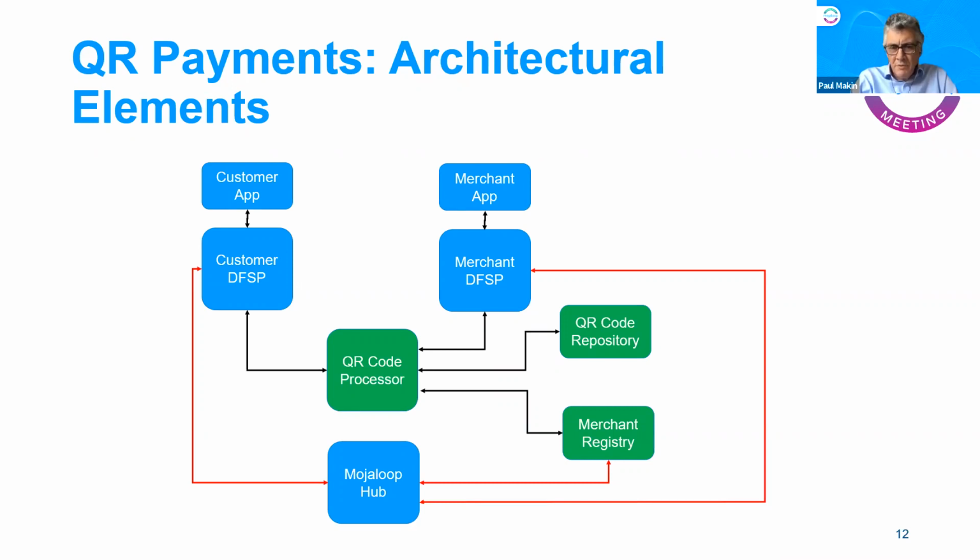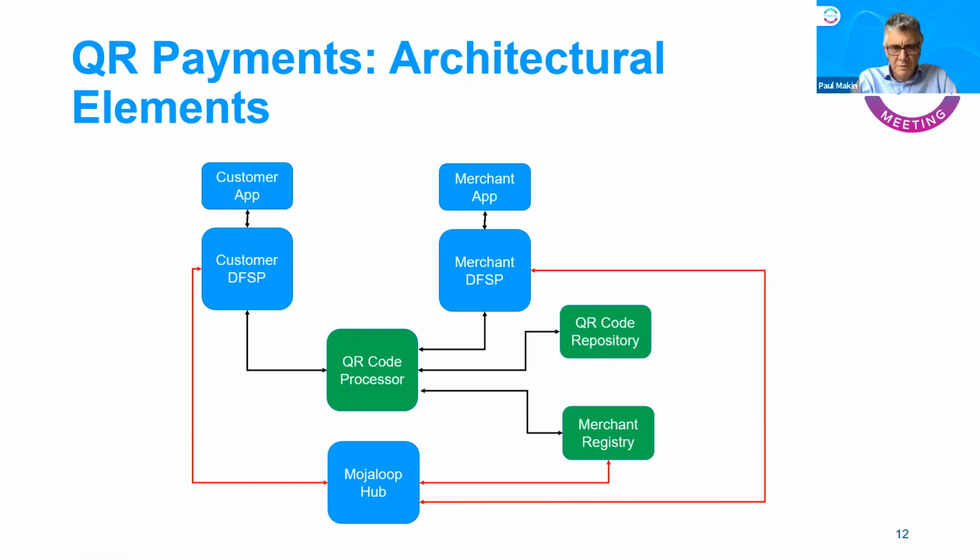And there's a merchant registry, and this is an important element. We need to do live verification that merchants haven't been effectively shut down by the regulators. So we need to know the company registration details, and we need to use that information in the development of the QR codes.